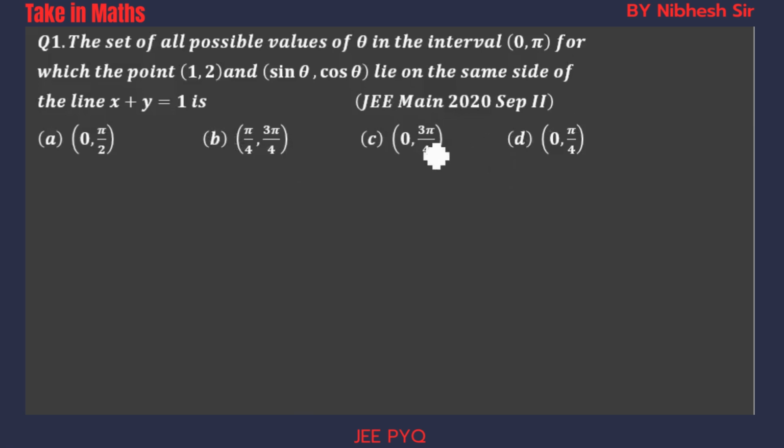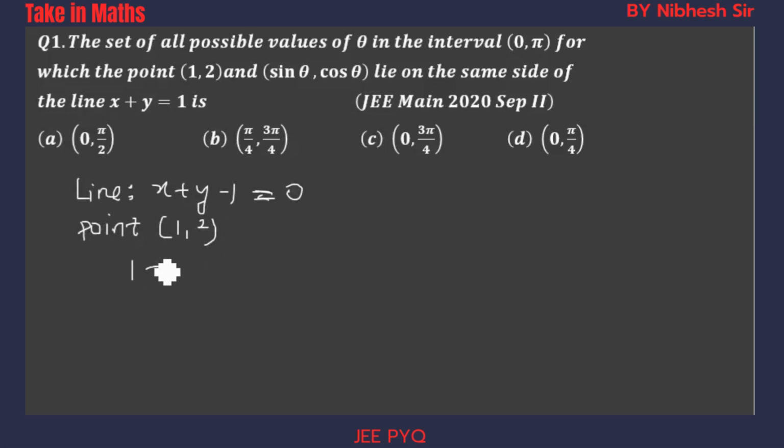So to solve this question, the basic concept is that these 2 points lie on the same side. Same side means they will have the same sign when we put the values in the equation of the line. Here the equation of the line is x + y - 1, and we write this in standard form equal to 0. When we put the point (1, 2) in the equation, we get 1 + 2 - 1, which is 2, greater than 0.